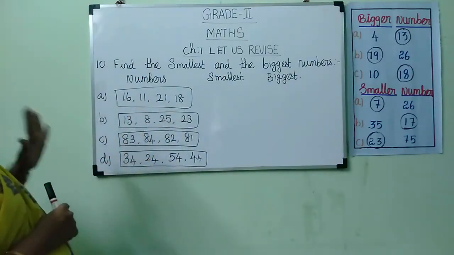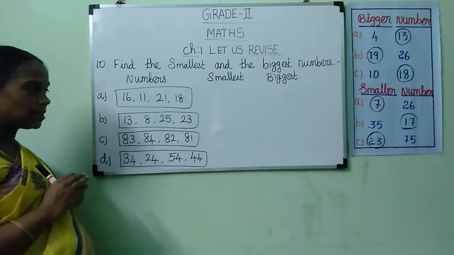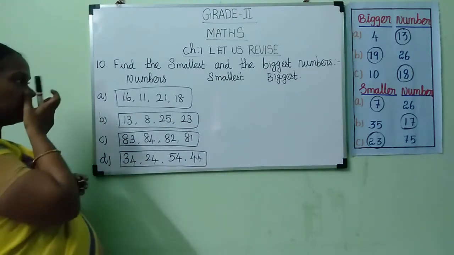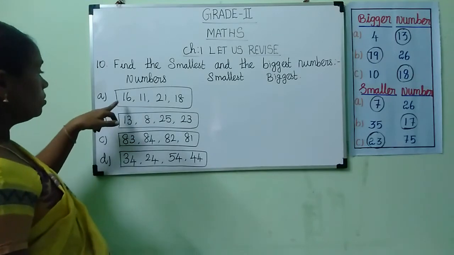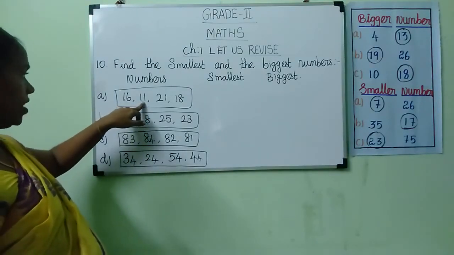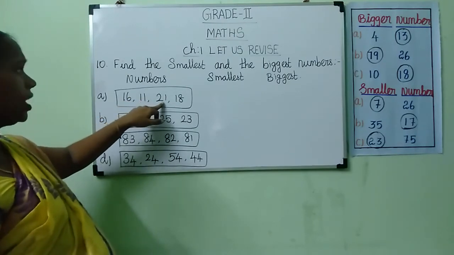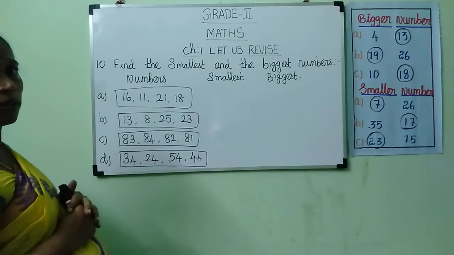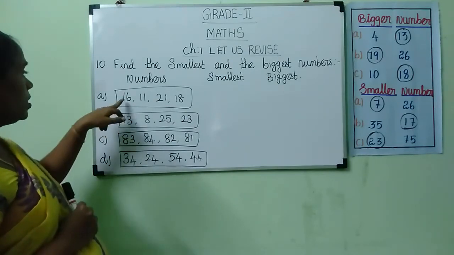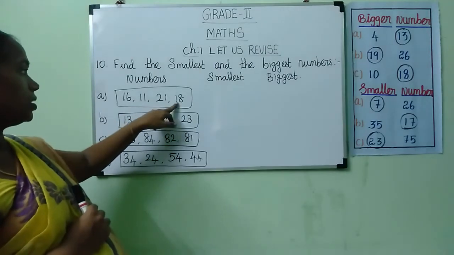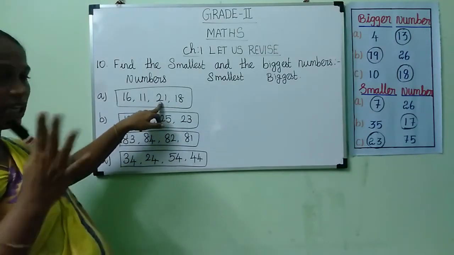We first find out which is the smallest number. See here, 16, 11, 21 and 18. Which is the smallest number? See in the tens place: 1, 1, 2, 1. So 2 means bigger number.